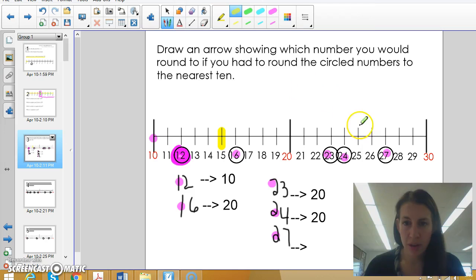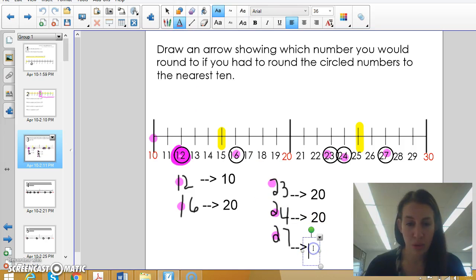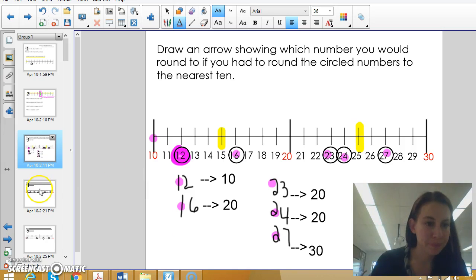We know that 25 is the middle here. So 27 is 1, 2, 3 away from 30, but it's 1, 2, 3, 4, 5, 6 away from 20. So it is definitely closer to 30. That's called rounding, guys and girls. And what we're doing is we're rounding the number to the nearest 10.